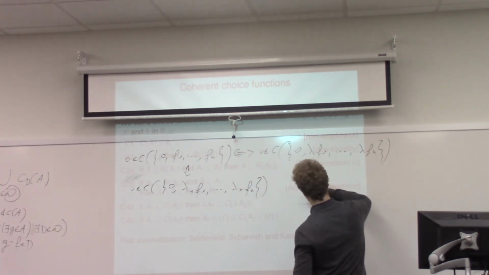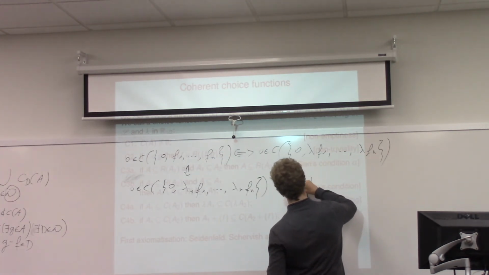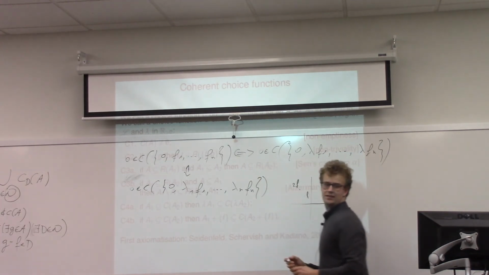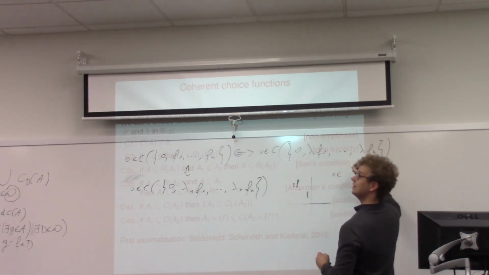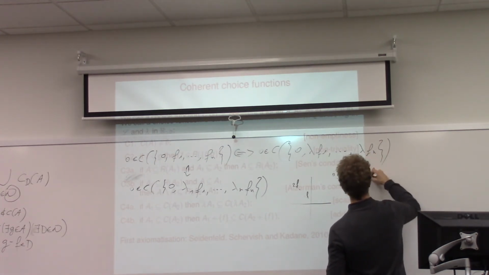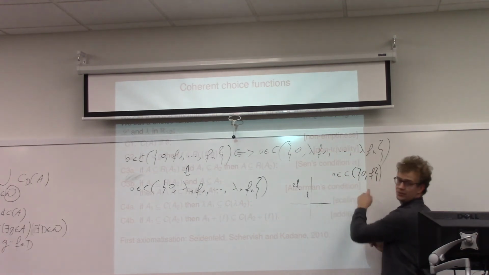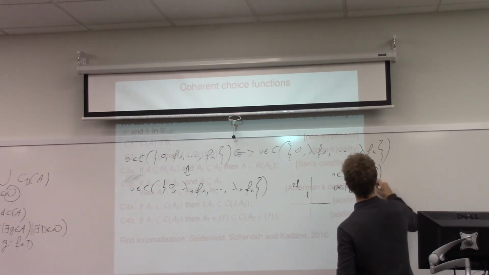If I have here f, and here I have 2f, then I have a coherent choice function that says that 0 is chosen from 0 and f, but 0 is rejected from 0, f, and 2f.